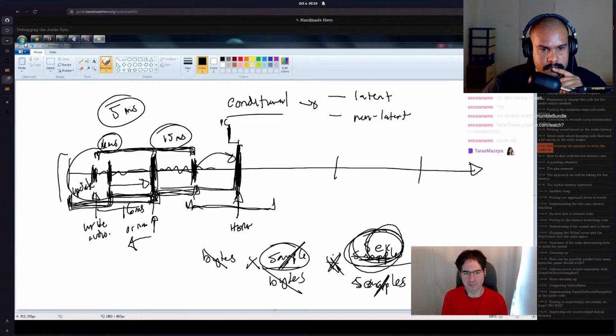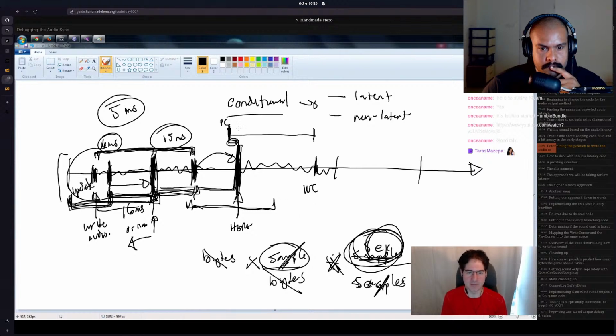It's going to be pretty darn close to where we were, at least what we're expecting. And so the write cursor is going to be somewhere out in the frame, like here. This is where the write cursor is going to be, if that makes sense.